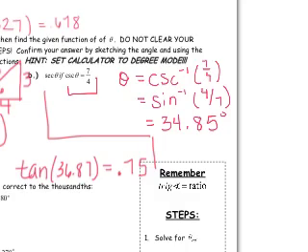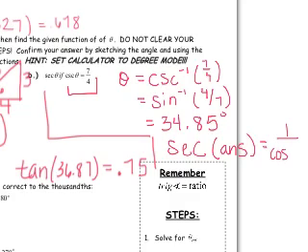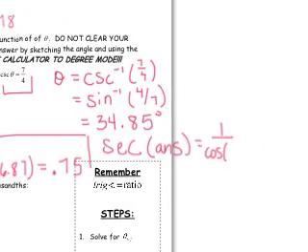Now I'm going to type in secant of that answer. Well, I can't type in secant, so I'll have to type in 1 divided by cosine of that answer. So 1 divided by cosine, second ANS, is 1.219.